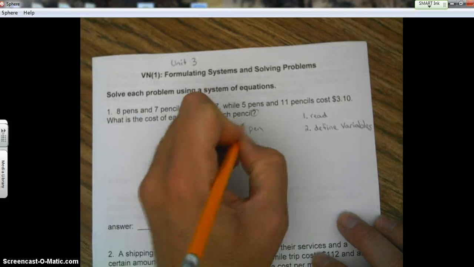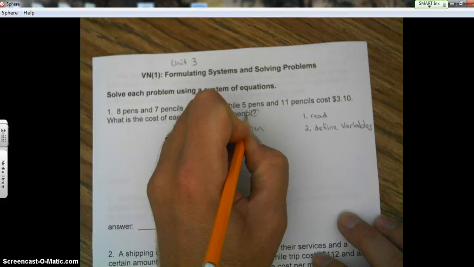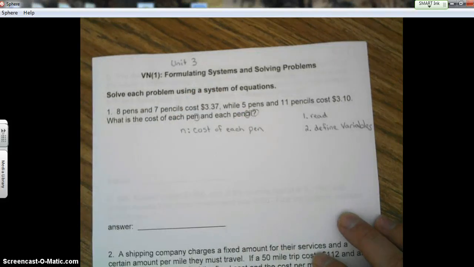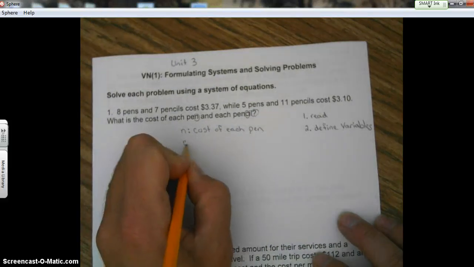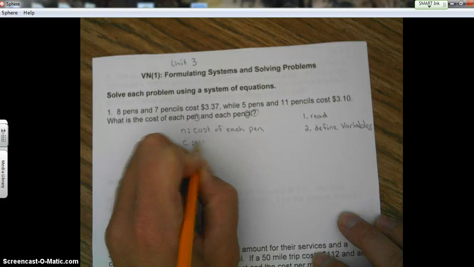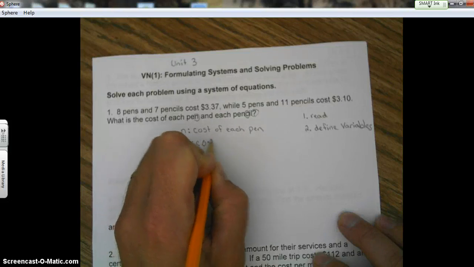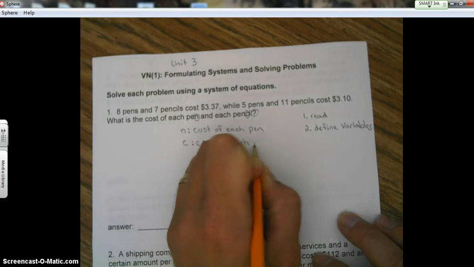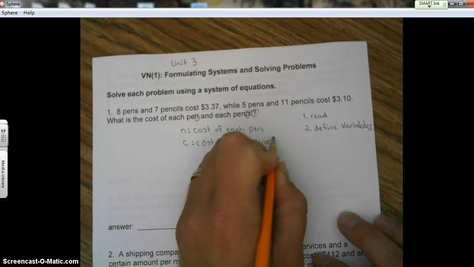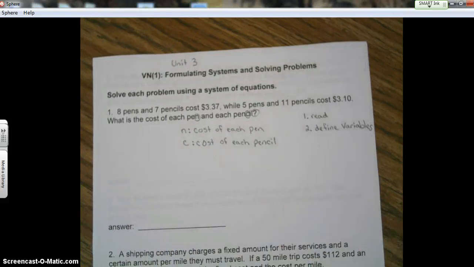And then I'm going to use C. You can use whatever letter you want, you could use X and Y. I'm going to use C to represent the cost of each pencil.